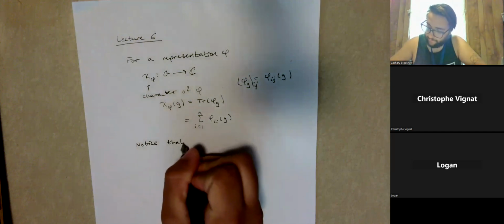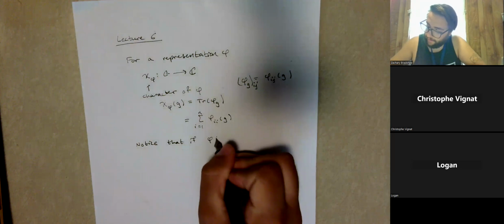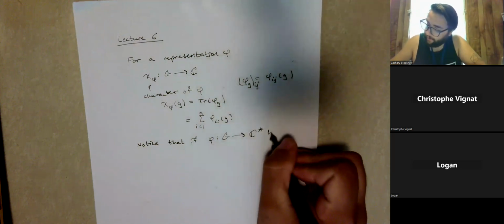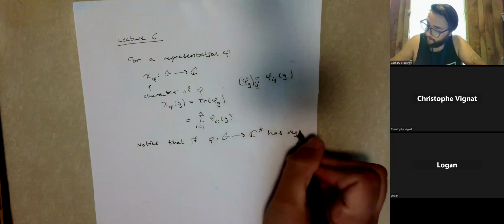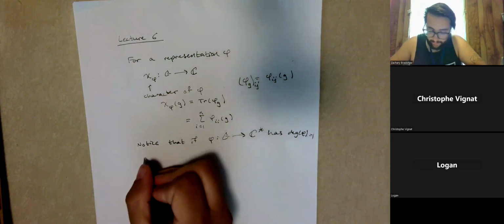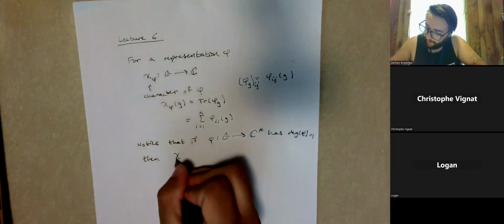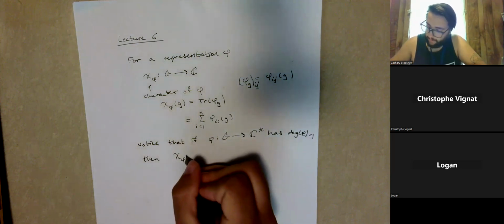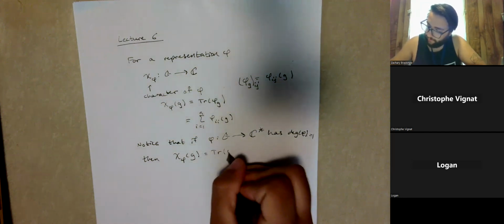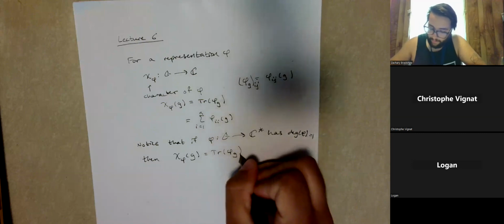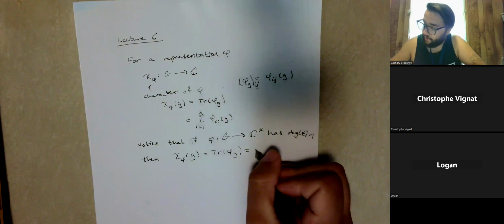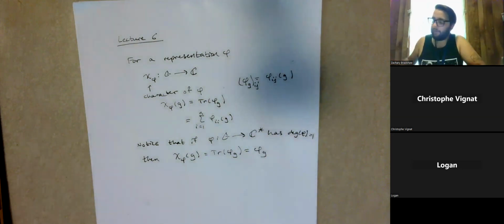Okay, and notice that if phi has degree 1, then what's chi phi? Well, when it acts on g, this is the trace of phi g, but phi g itself is just a number, and so this is just phi g.